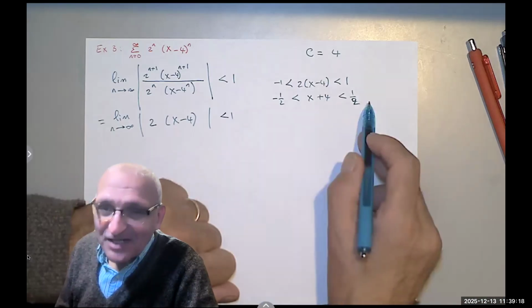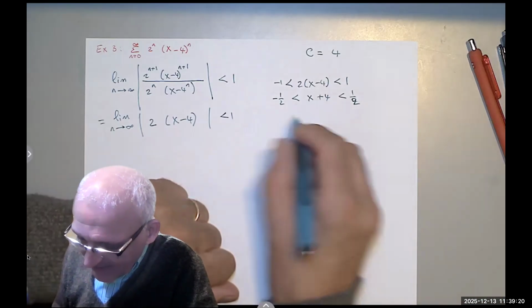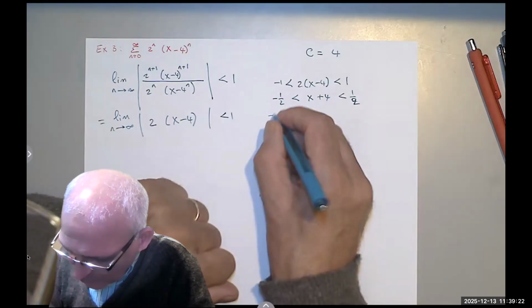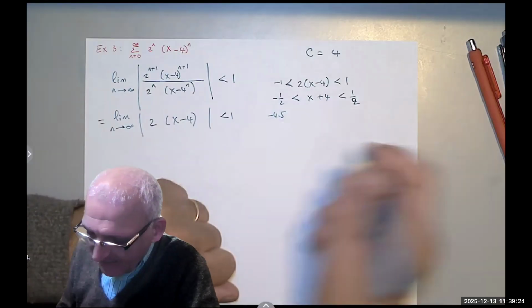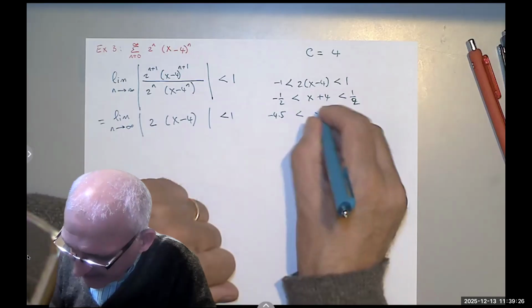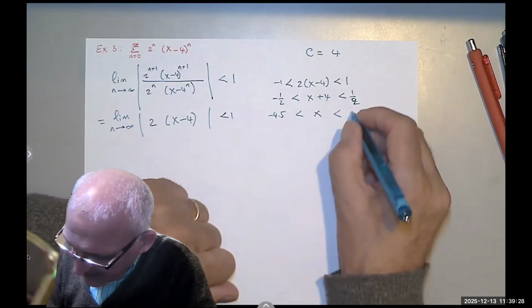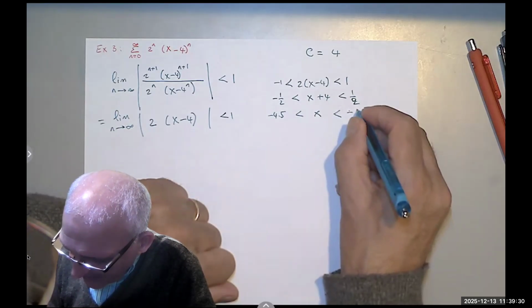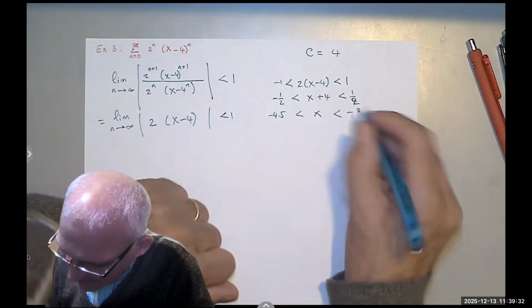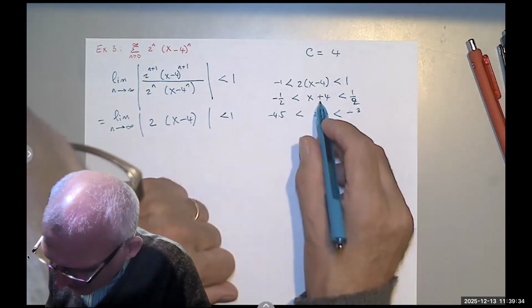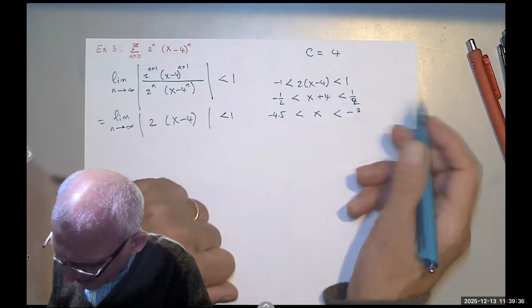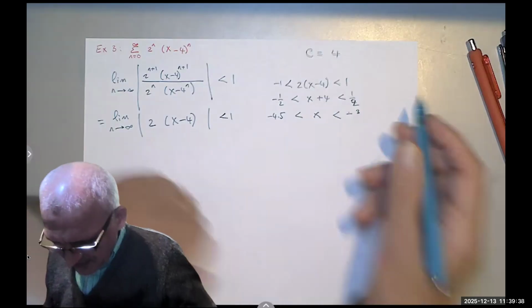Then I add 4 to both sides, so you get 3.5, or you can write 7/2, is less than x is less than 4.5.